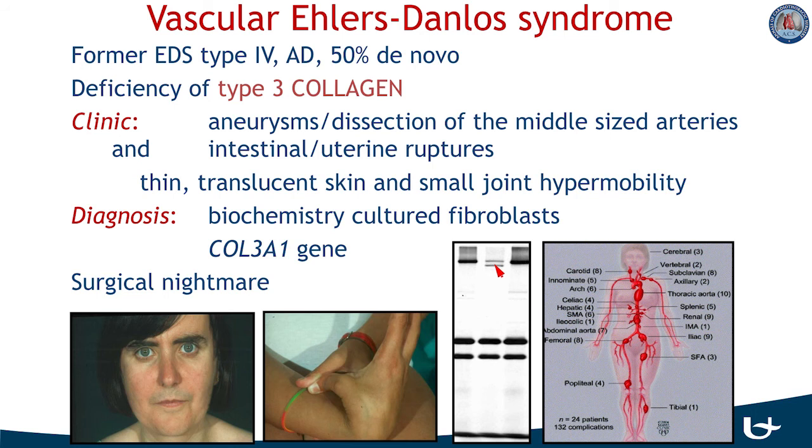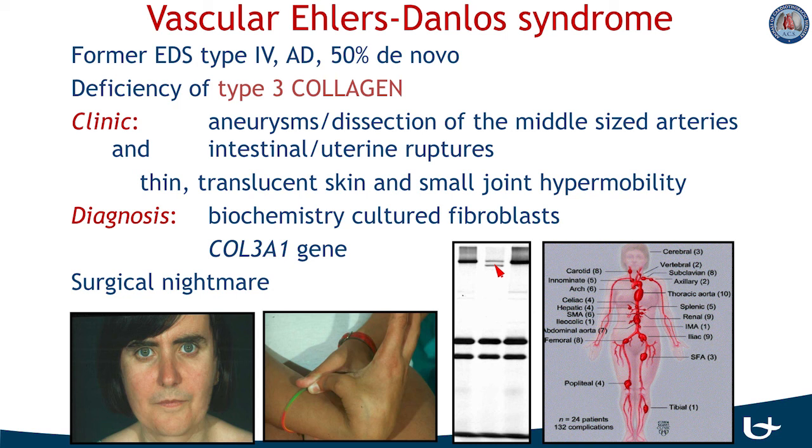We will focus on a number of Ehlers-Danlos syndromes with prominent aortic and vascular involvement. The first one is the Vascular Ehlers-Danlos syndrome, the former type 4, which is autosomal dominant, but in 50% of the patients the consequence of a de novo mutation. It is caused by a deficiency of type 3 collagen and presents in the clinic with aneurysms and dissections, typically of middle-sized arteries, but also with intestinal and uterine ruptures.